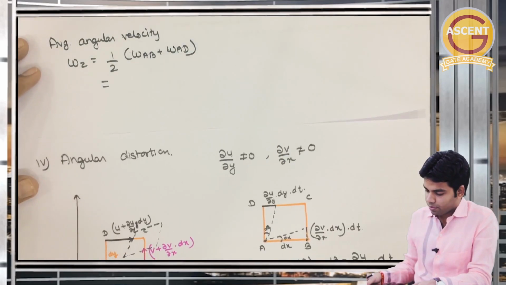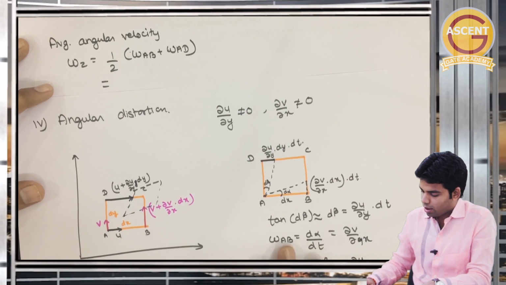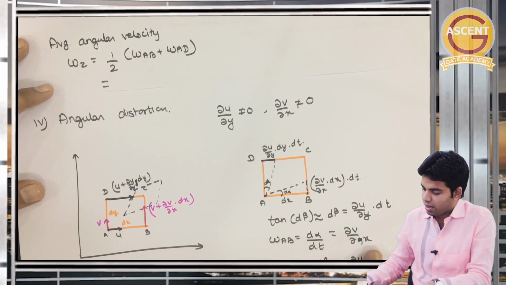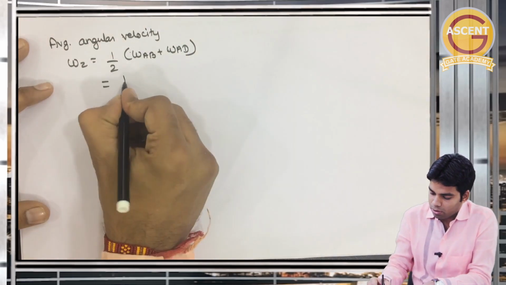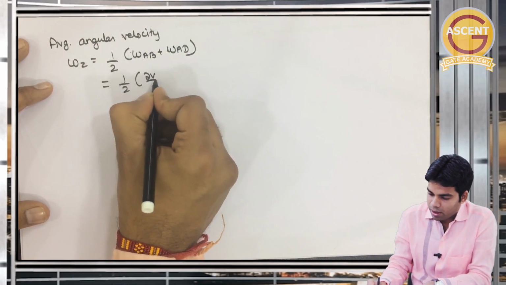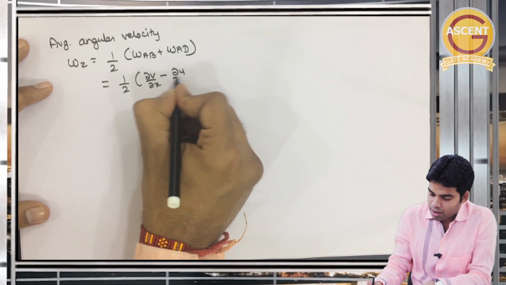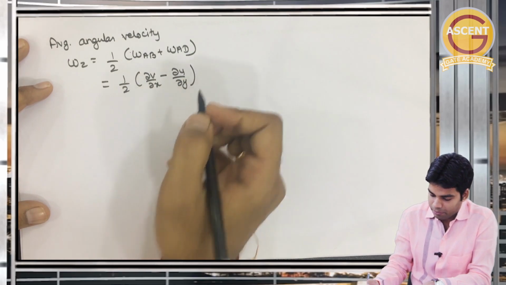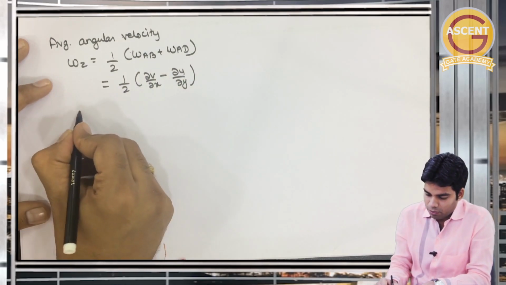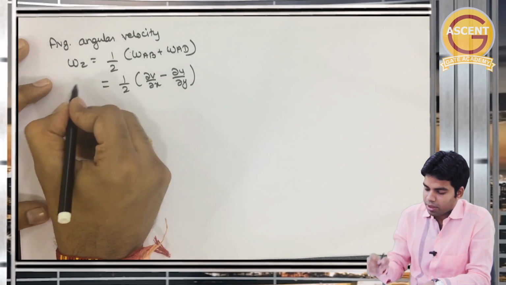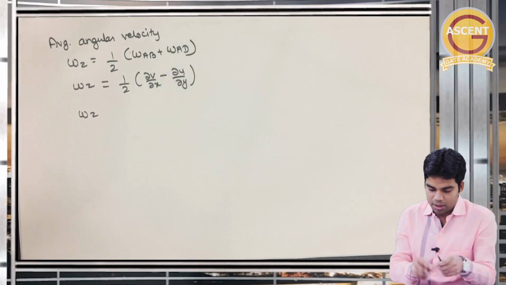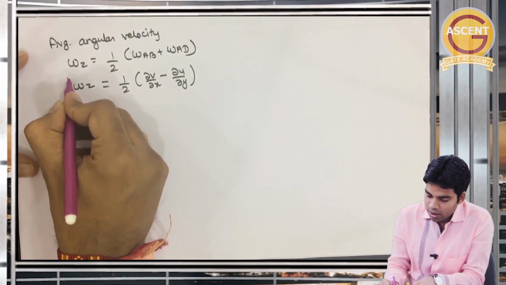So here we have omega AB as del v by del x, omega AD is minus del u by del y. So this will be equal to 1 by 2 del v by del x minus del u by del y. Getting this? Okay, so from here this omega z will be equal to half del v by del x minus del u by del y. This is omega z. Clear or not?